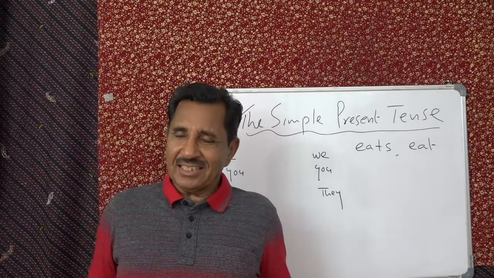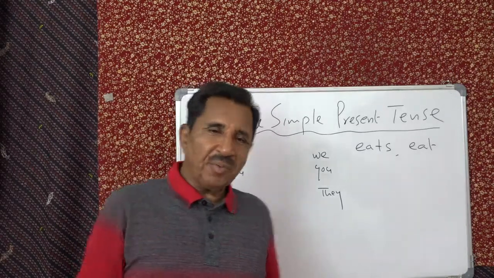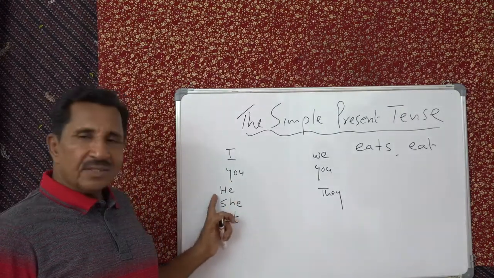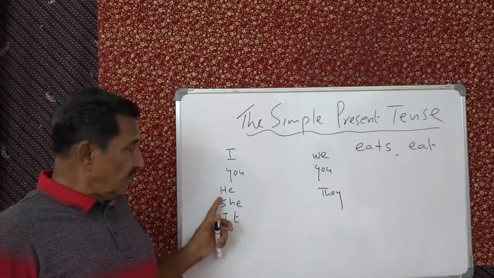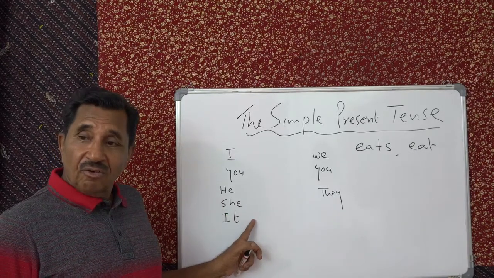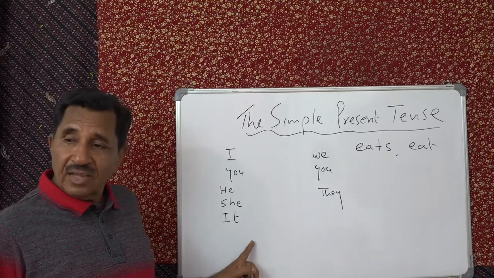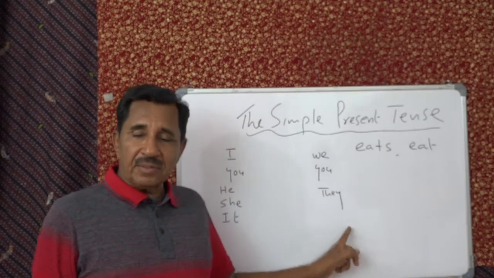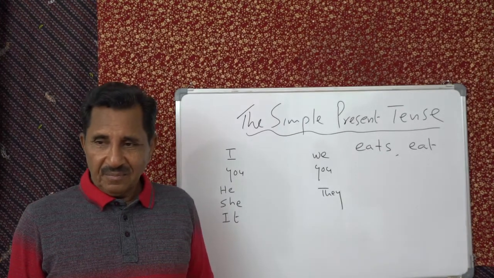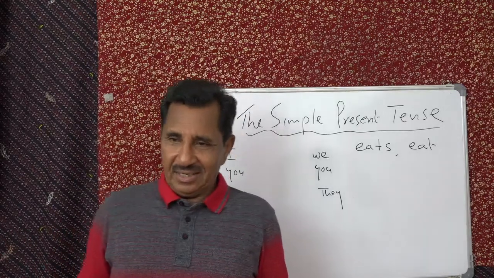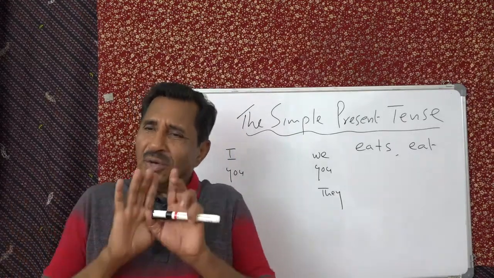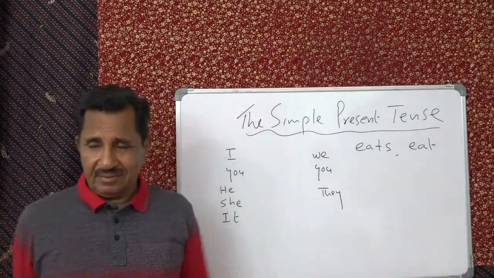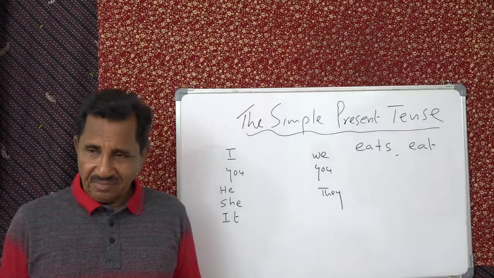You take any sentence, you will see the subject will be either first person singular, second person singular, third person singular masculine, third person singular feminine, third person singular neuter, first person plural, second person plural, third person plural. Isn't it? So you can begin an English sentence only by taking one of these as its subject. Understand?